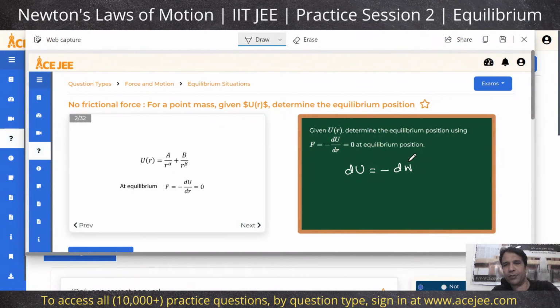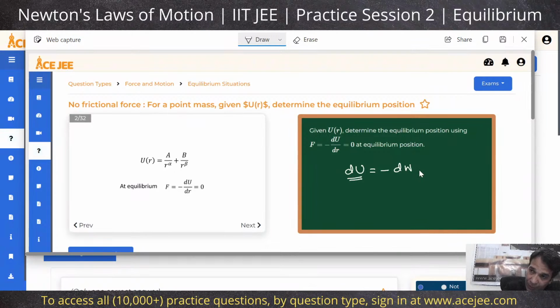Pay attention to this terminology: if it was the gravitational force like mg, then it will be the negative of the work done by the gravitational force. That will be the change.